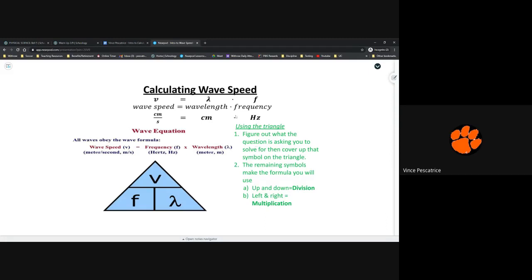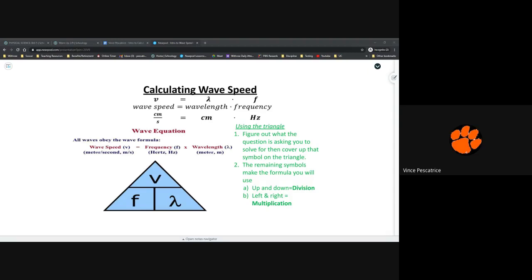All right, I'm going to go ahead and draw a little bit on this slide to highlight some things for you. First up, wave speed is here. That's a V. So that's this one right here. Next up, you have frequency.